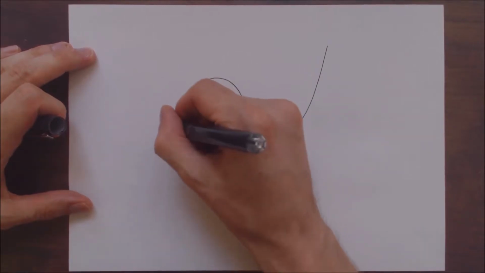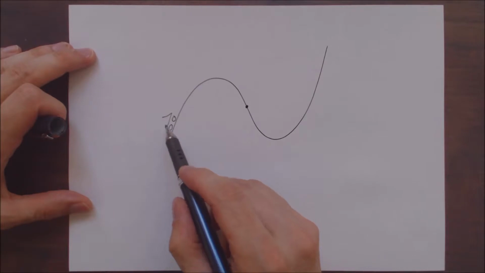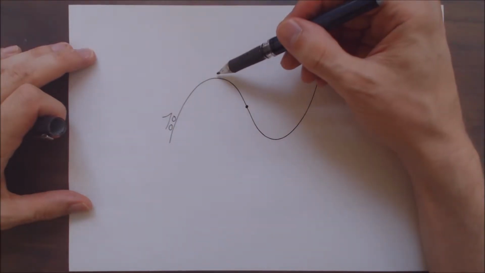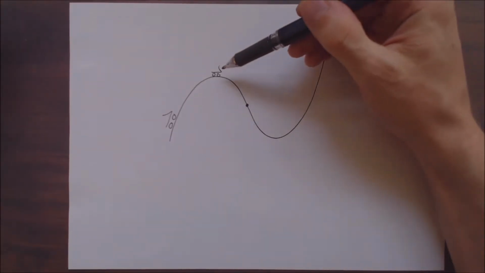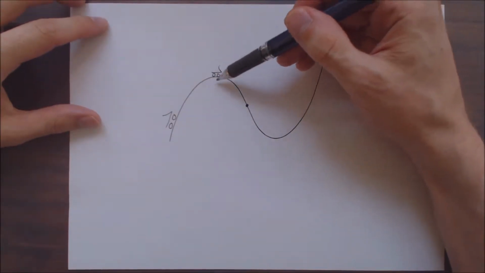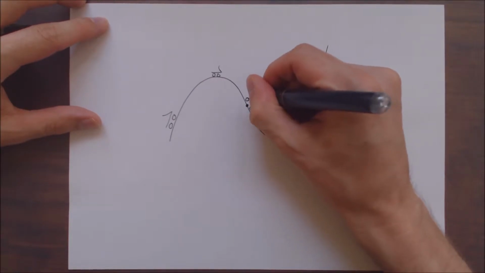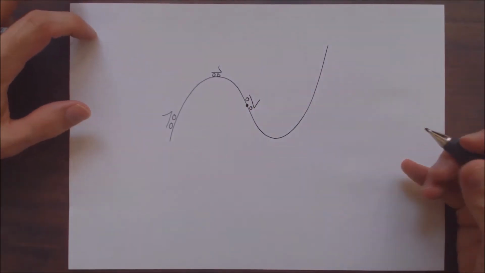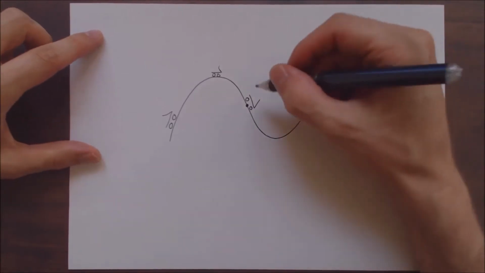If we draw a cyclist who is going up here, and then at the maximum point, the slope of the cyclist is 0, and then we have the point of inflection. At this point the slope of the cyclist is very strongly negative.